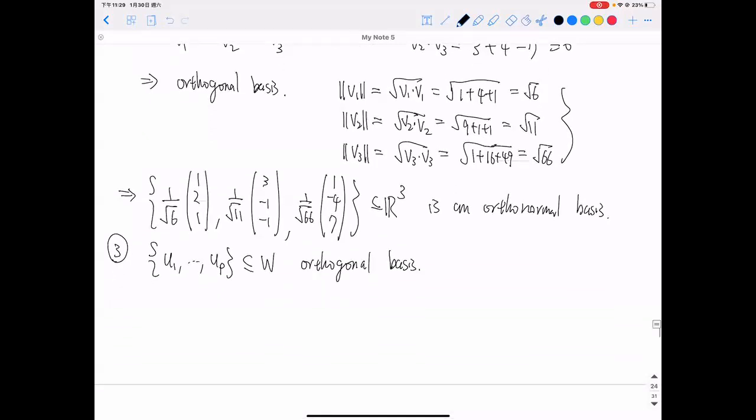Then if you multiply the vectors u1 to up by any non-zero number, you still get an orthogonal basis.